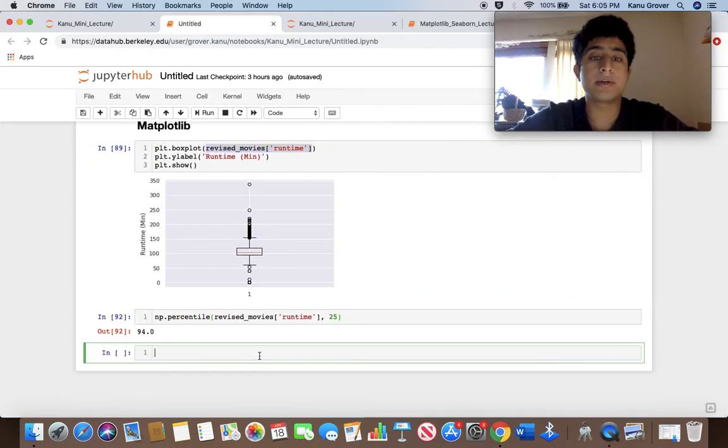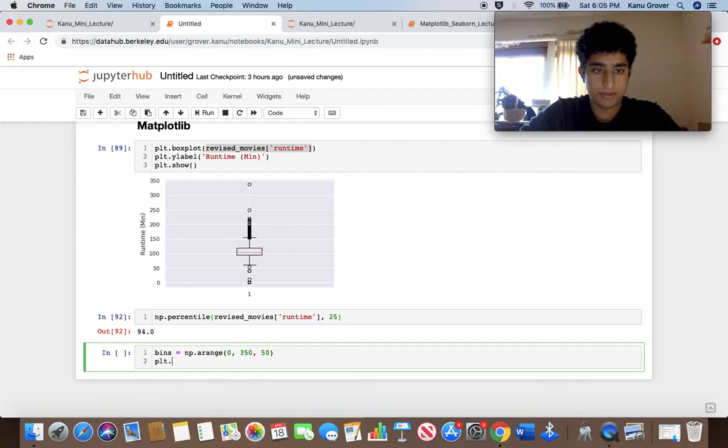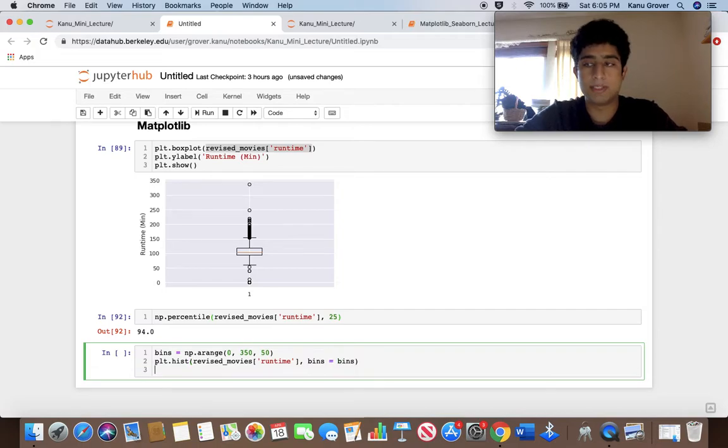And a histogram, let me just write the code for that real quick, and I can explain what that is right after. So the code is plt.hist, and then we'd index into our column of runtime. Our second argument would be the bins, which I'll explain in just a moment. And we can take a look at that graph.